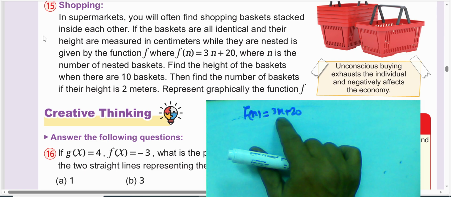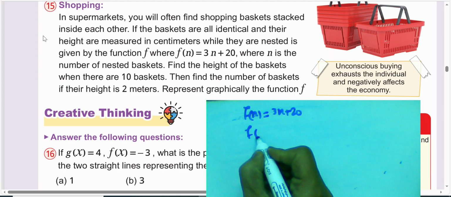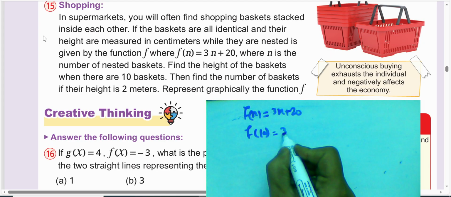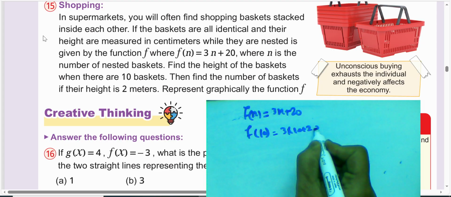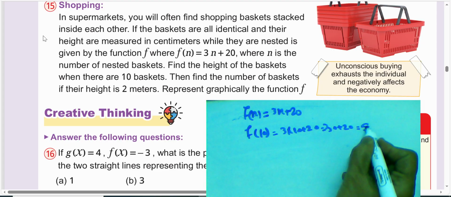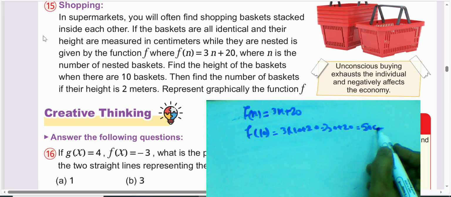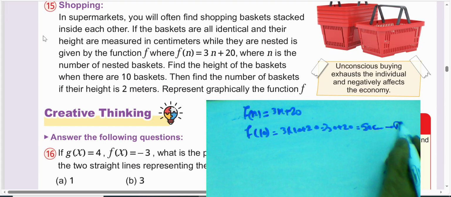Find the height of the baskets when there are 10 baskets. Then f of 10 will be equal to 3 times 10 plus 20. The result will be 30 plus 20, which is 50. The height will be 50 centimeters. That is question number 1.